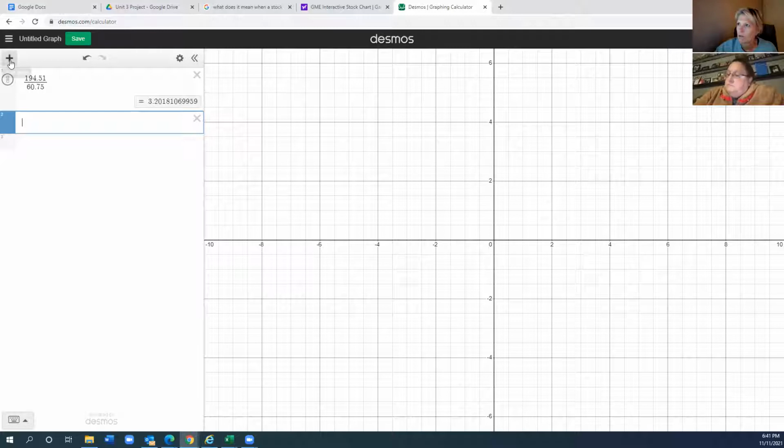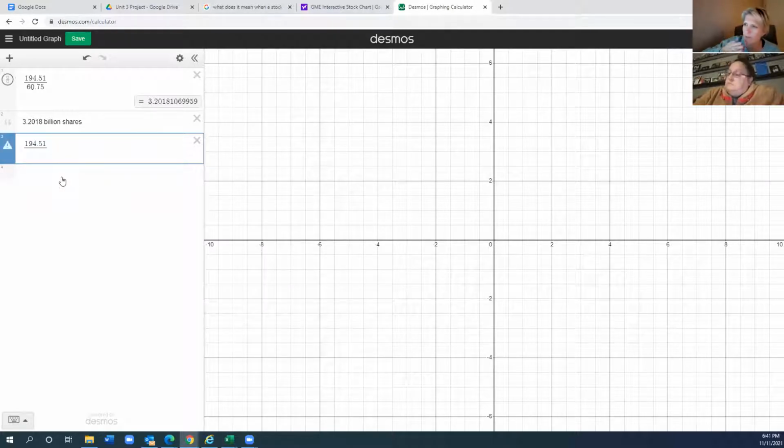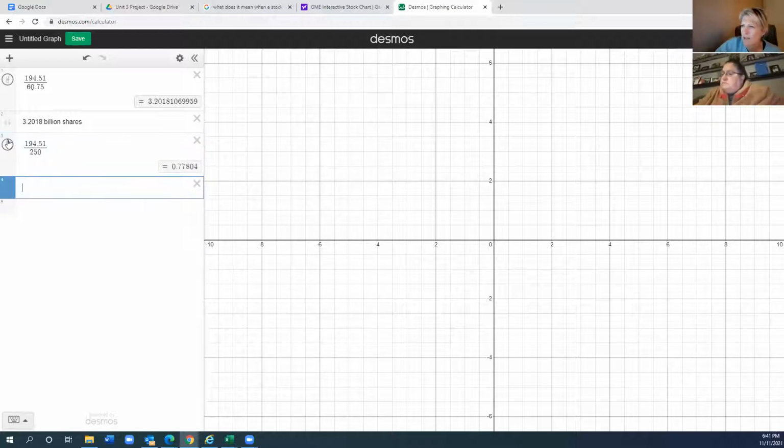So this would be 3.208 billion shares. But let's say you had 194.51 market cap, but your price was 115, or even let's say it was $250 a share, then it would be 0.778 billion shares.